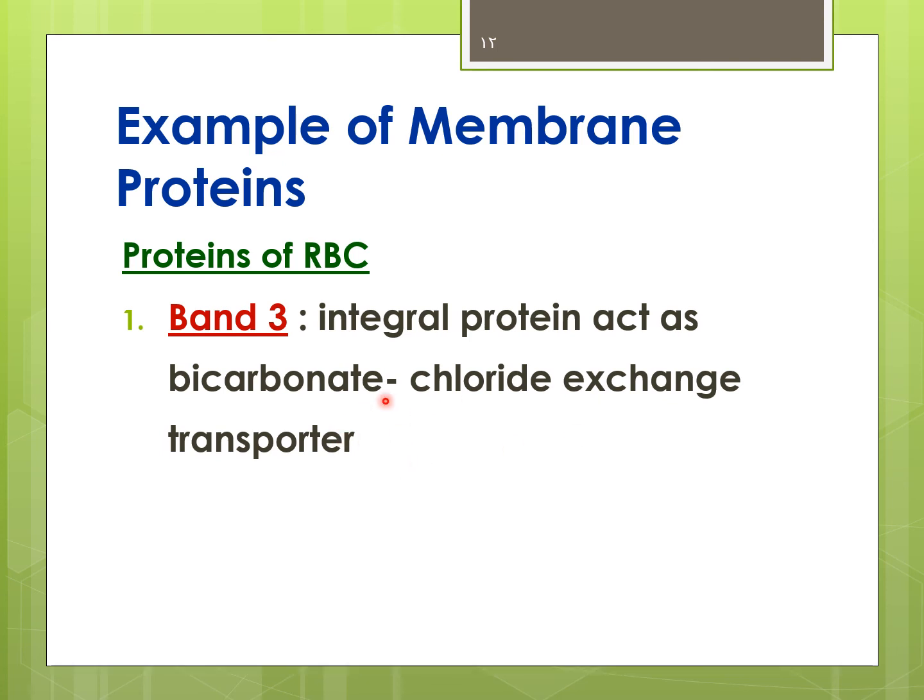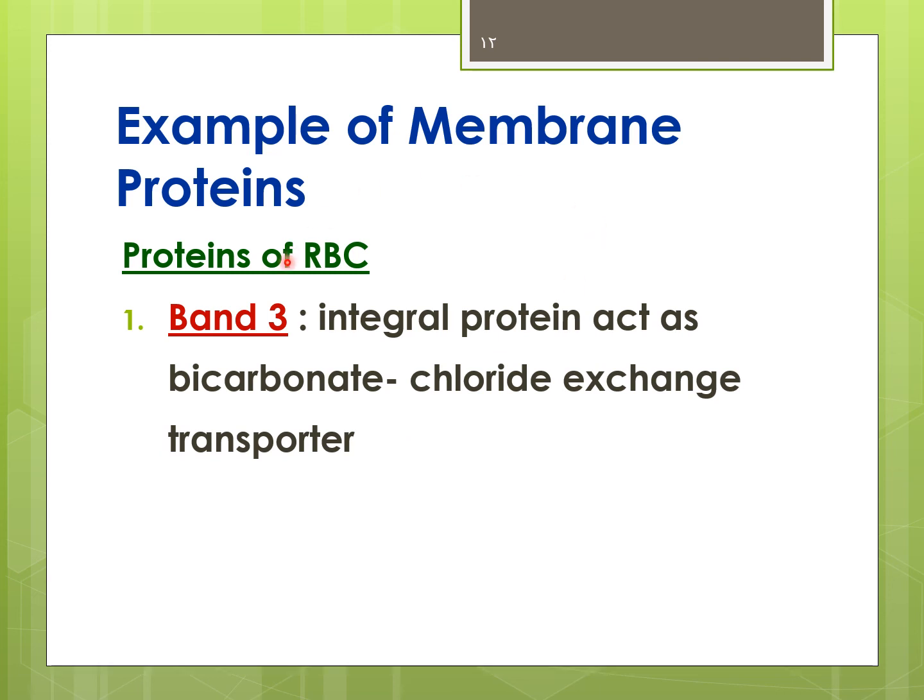In order to maintain a high concentration of bicarbonate inside the RBC, band 3 is a very important transporter. It transports bicarbonate in exchange for chloride, accumulating bicarbonate inside the RBC and then letting it discharge in the capillaries of the lung.